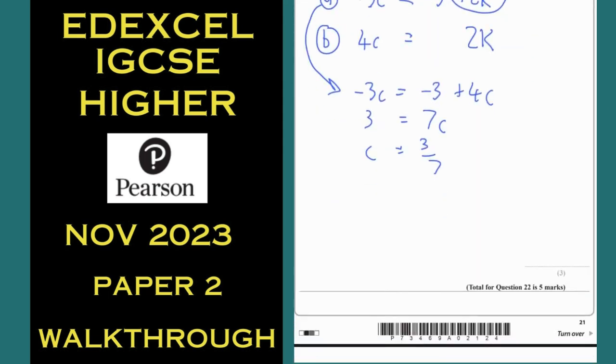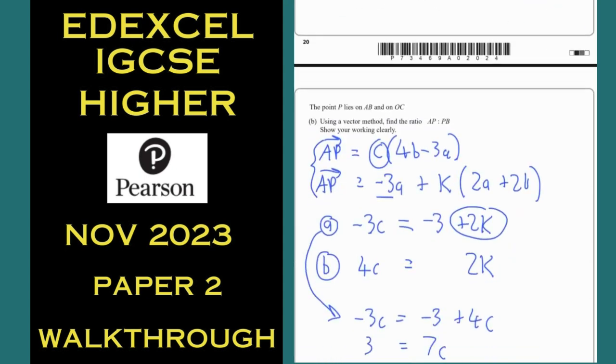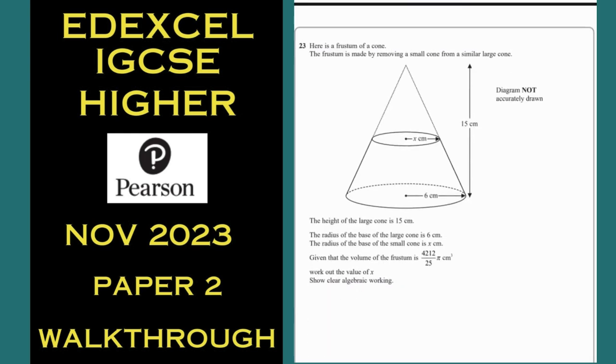So as a ratio, we have 3/7 to 4/7, but they always want it written AP to PB. We just times everything by 7. The answers always look quite straightforward. The process is not. On we go.